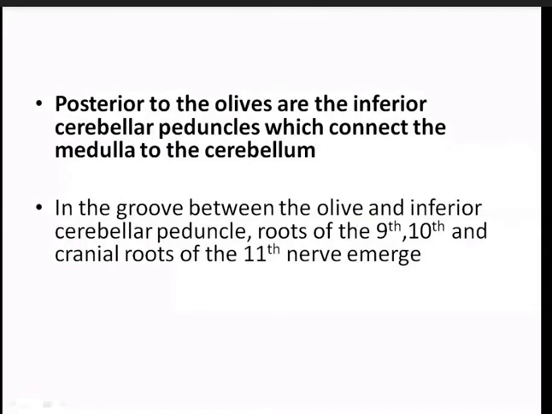Posterior to the olive are the inferior cerebellar peduncles, which connect the medulla to the cerebellum. We discussed during the cerebellum class which fibers are present in the inferior cerebellar peduncles. In the groove between the olive and the inferior cerebellar peduncle, the roots of the 9th, 10th and 11th cranial nerves emerge.